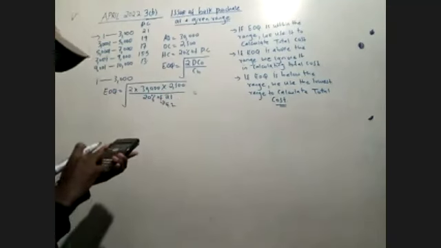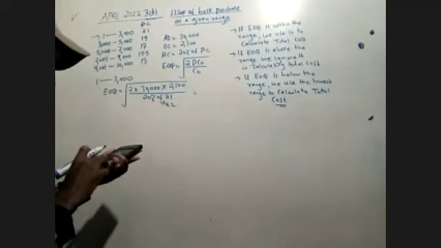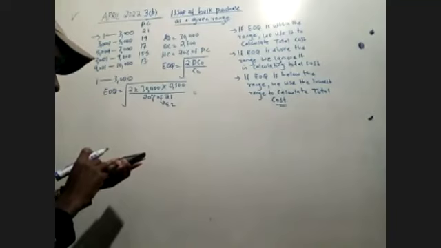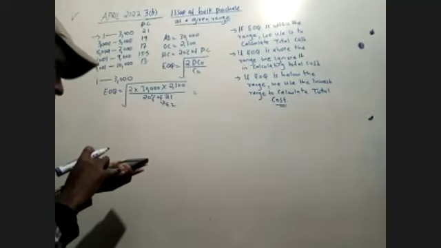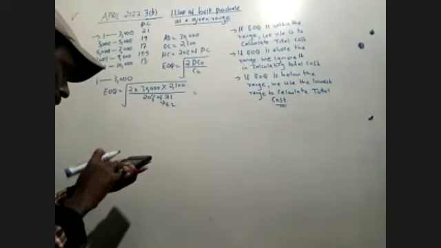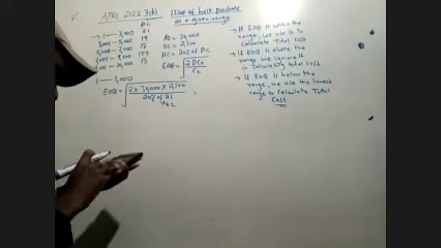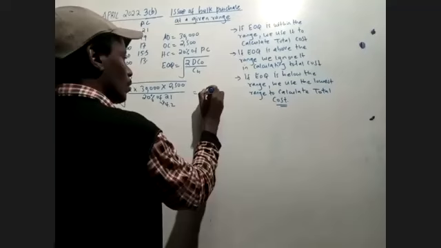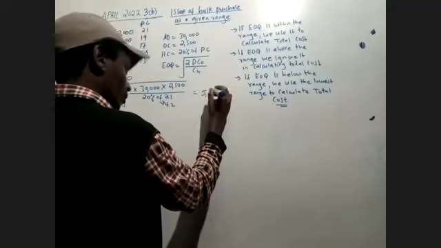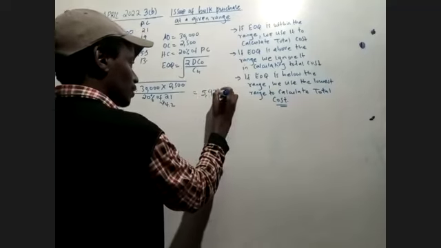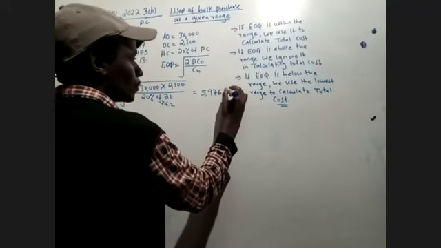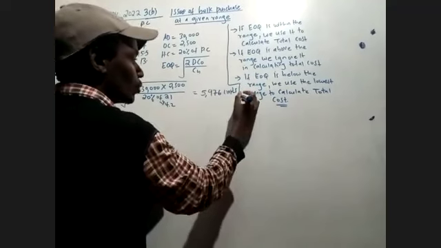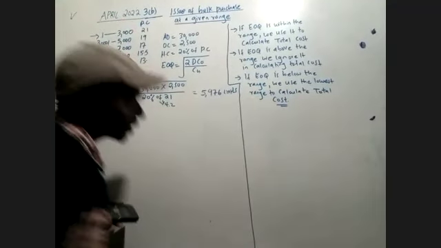So what you are going to do is times 30,000 times 2,500 divided by 4.2, then square root. I get 5,976 units.